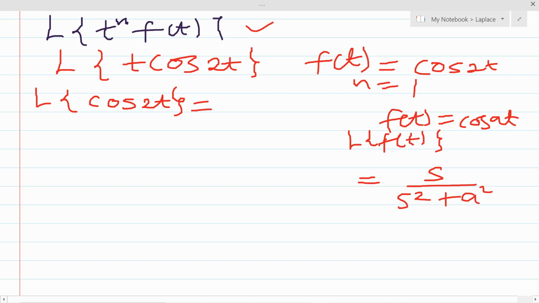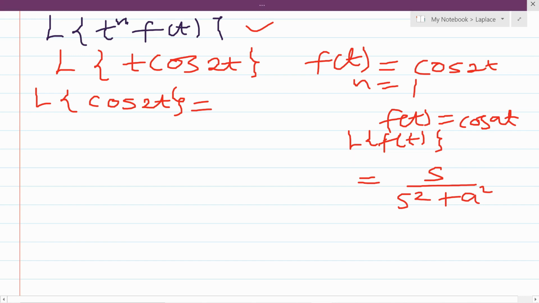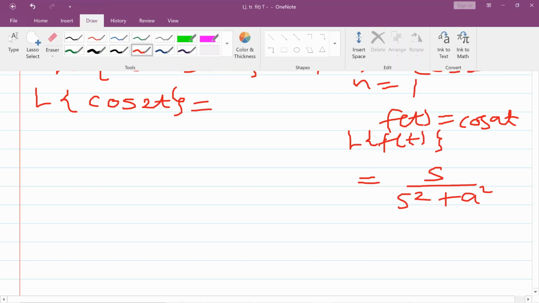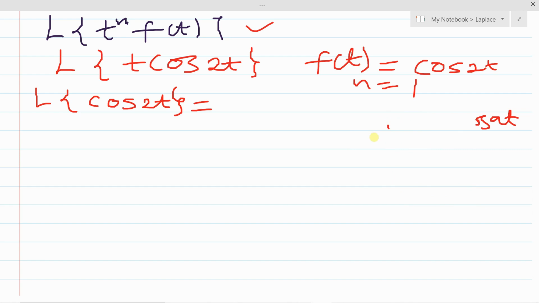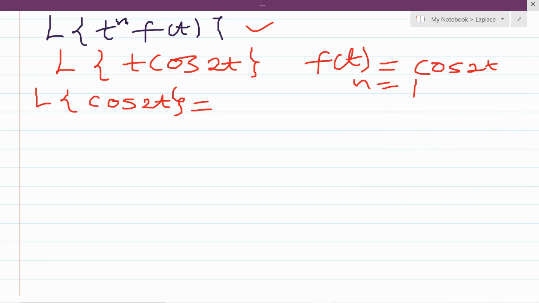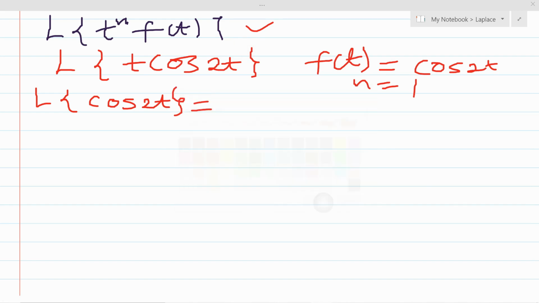So very simple, right? I hope you can remember this. So it's s over s squared plus a squared. So here we just come to f of t, and that is cos 2t, so it becomes s over s squared plus 2 squared, which is 4.